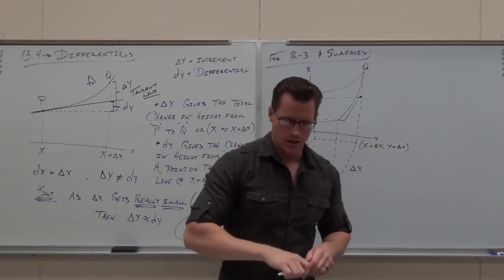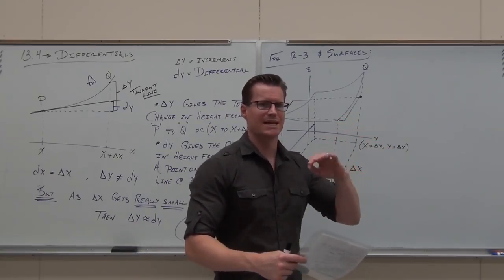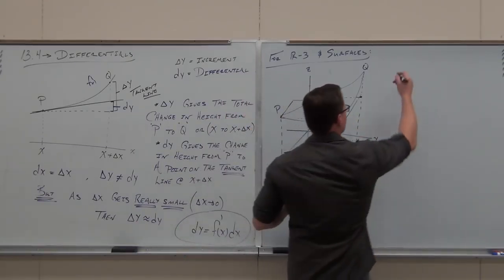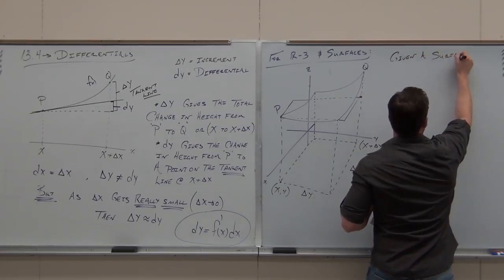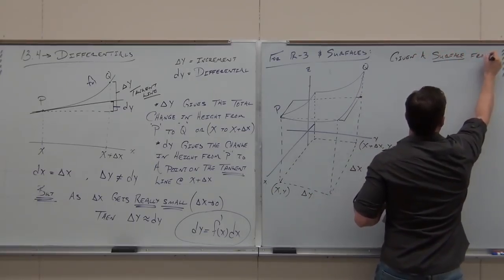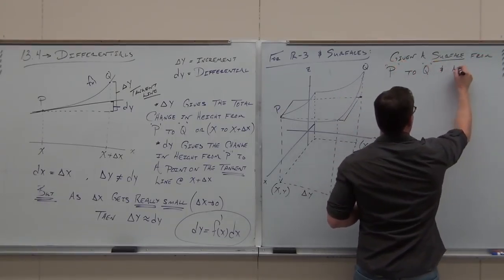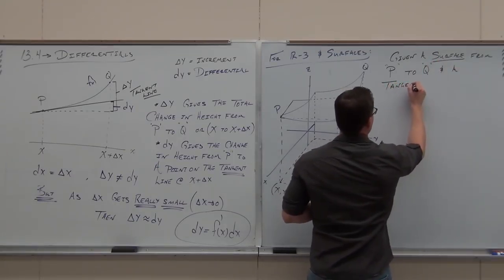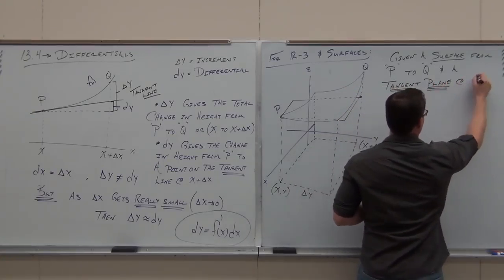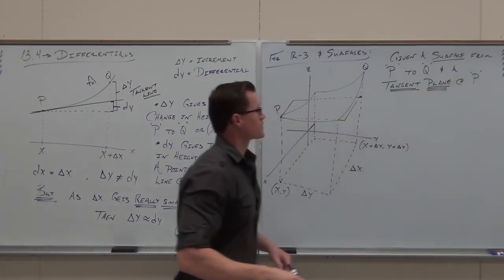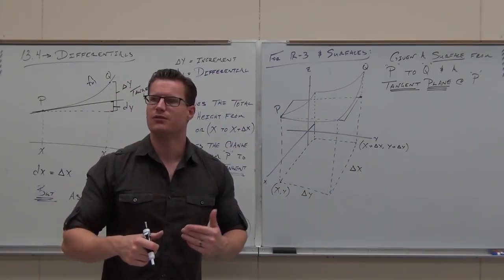So here's what we're doing. I'm going to write this out so you have some good notes on it. Number one, we have a surface from P to Q, and we're taking a tangent plane at the point P. So given a surface from P to Q and a tangent plane at P, here's now the representation of the differential.